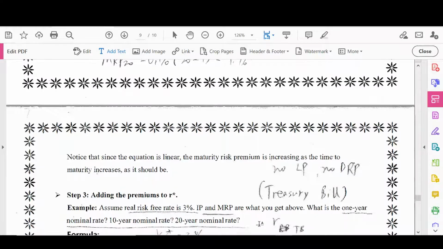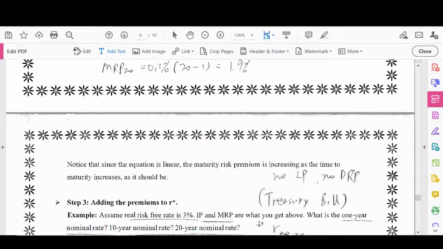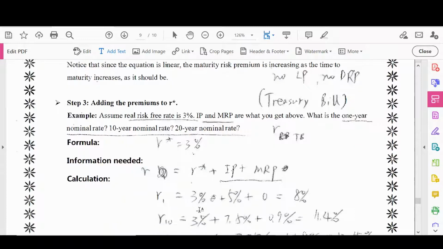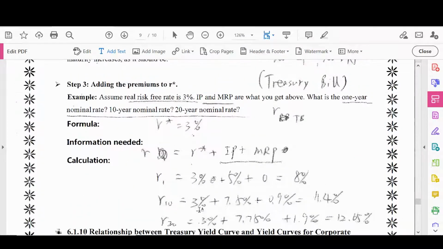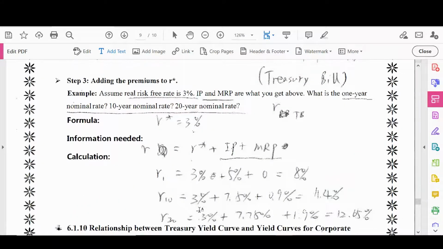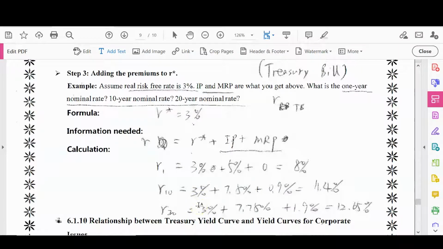You can resume the video now if you have finished step 3, and let's look at the solutions here. Again, because this is a treasury bill, we do not have DRP and LP. We just need to use the basic formula: interest rate R equals real risk-free rate R star plus IP, inflation premium, plus MRP.